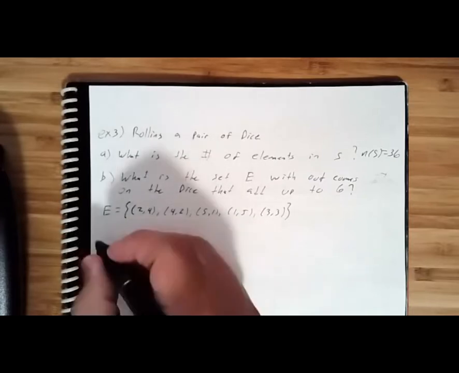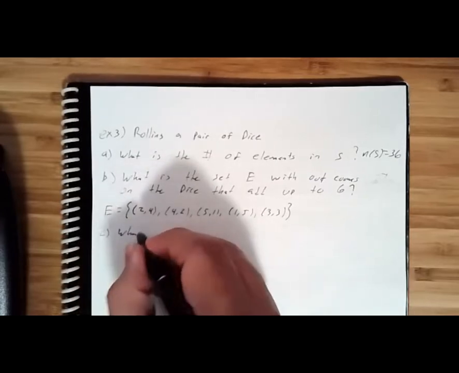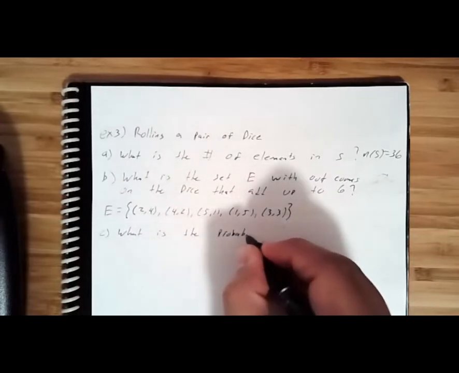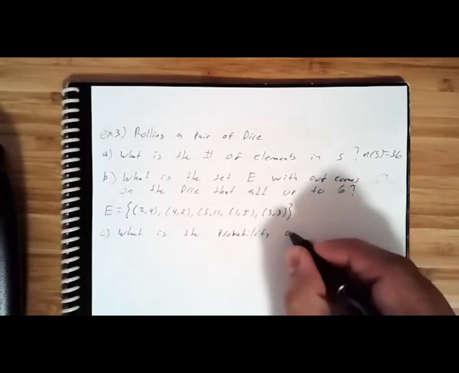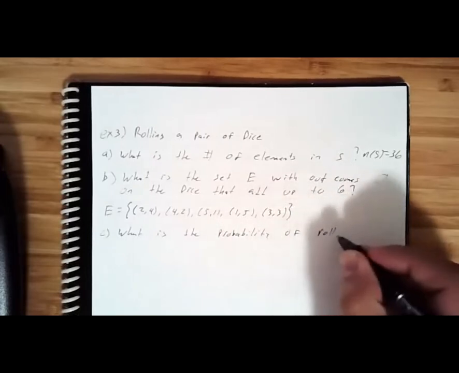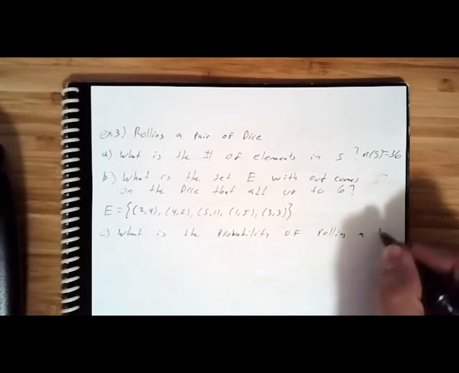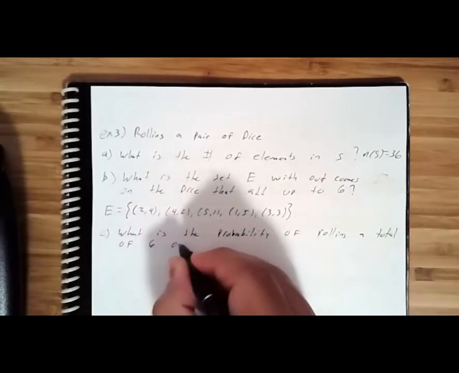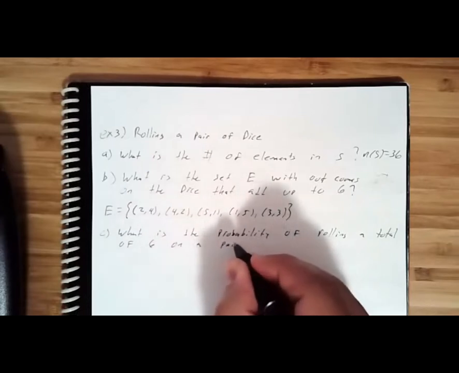Okay. C, what is the probability of rolling a total of 6 on a pair of dice?